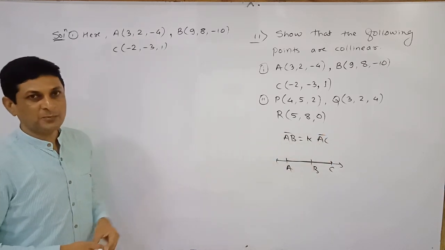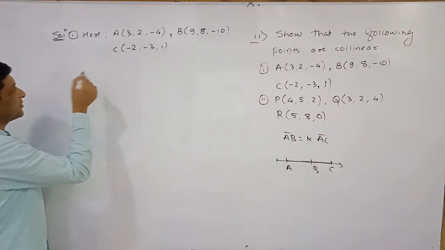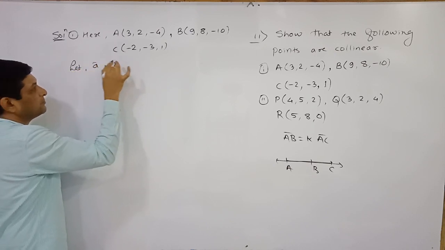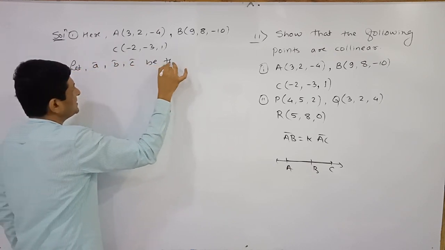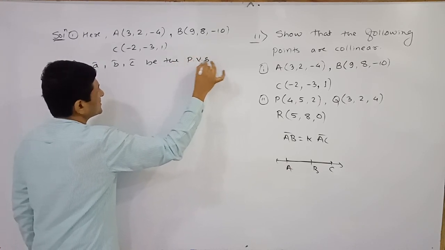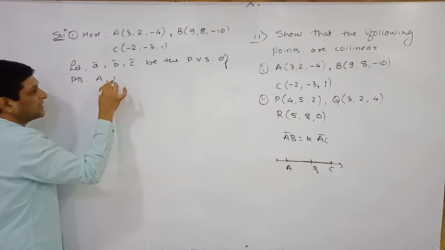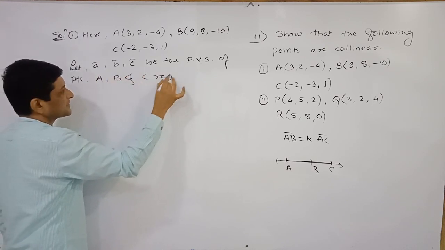For that purpose we define the position vectors of these three points as A bar, B bar, C bar. Let A bar, B bar, C bar be the position vectors of points A, B and C respectively.